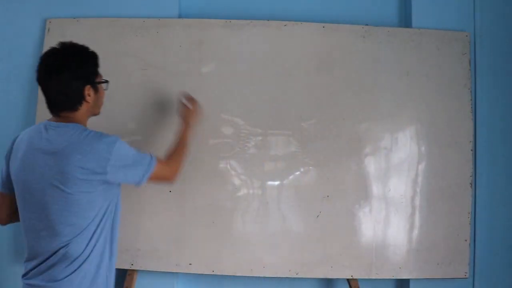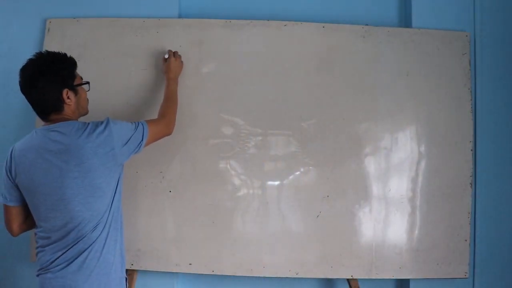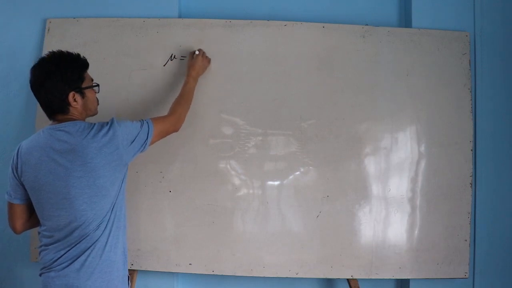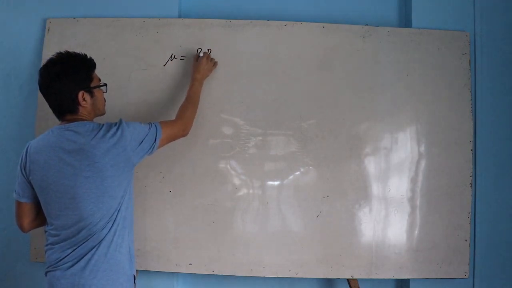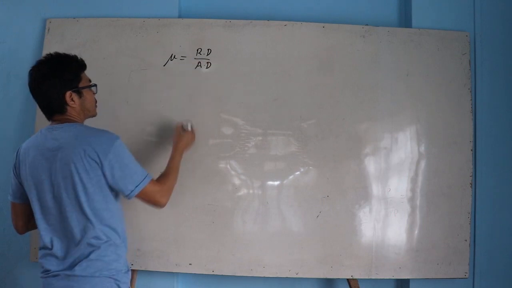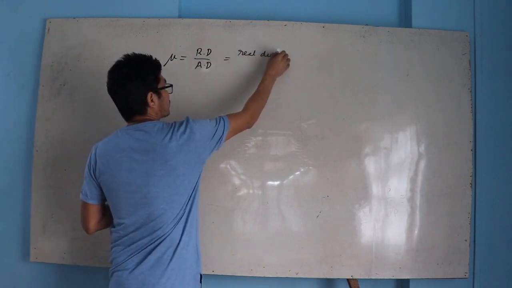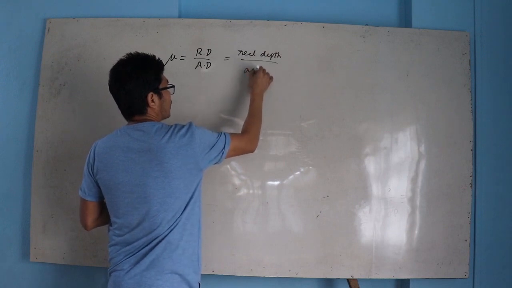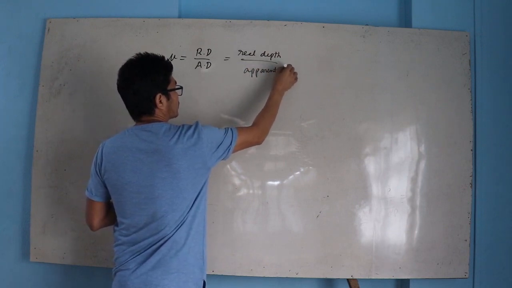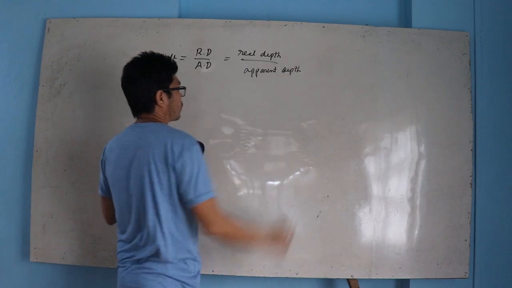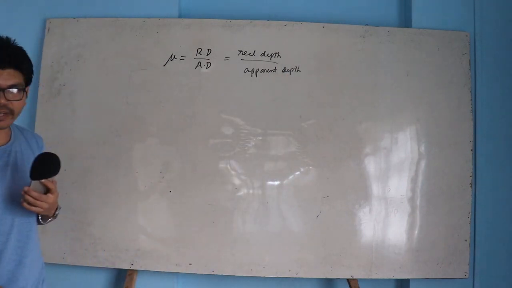Alright, right now we'll try to derive this expression, that is refractive index is equal to real depth divided by apparent depth. This is another way of writing the refractive index.